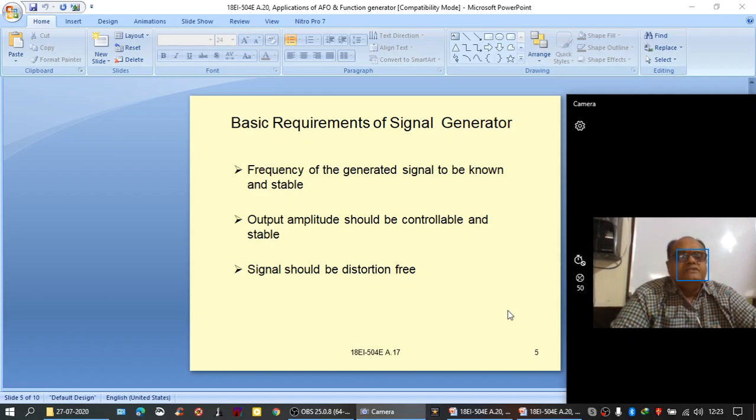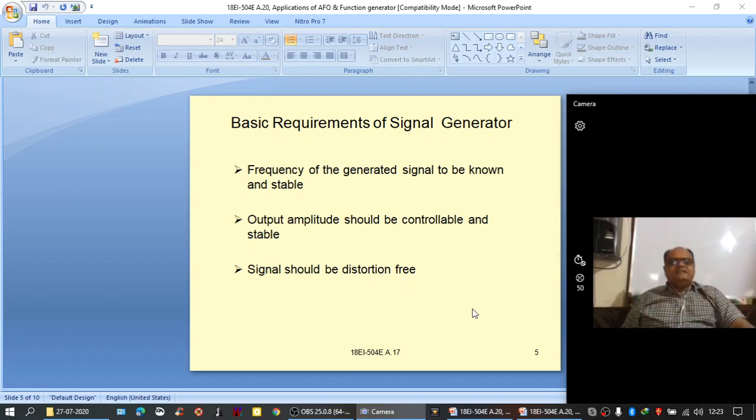Ultra high frequency oscillators, which are used to produce signals within the frequency range of 300 megahertz to 3 gigahertz. And microwave signal generators, which are used to produce signals beyond 300 megahertz.